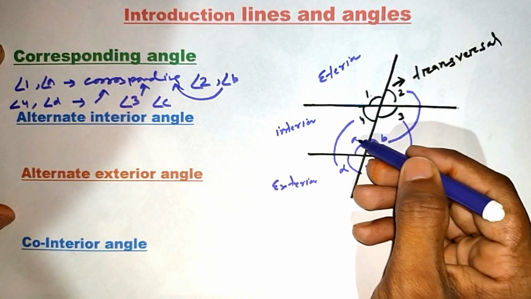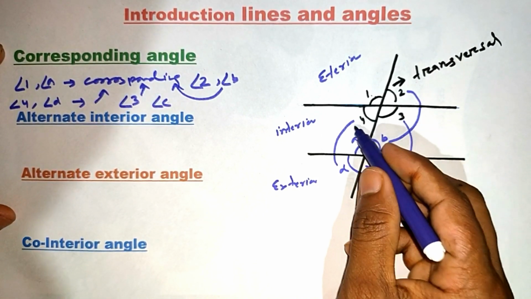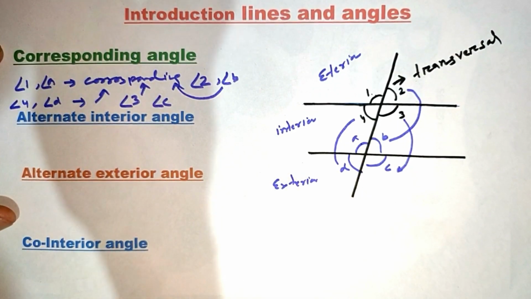So 1 and A, 2 and B, 3 and C, and 4 and D are corresponding angles.